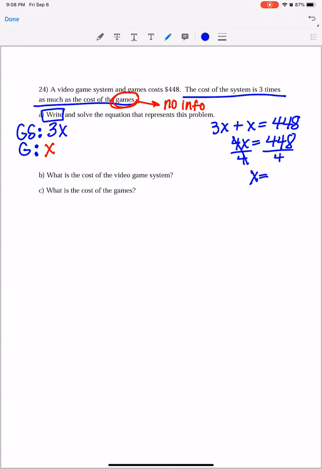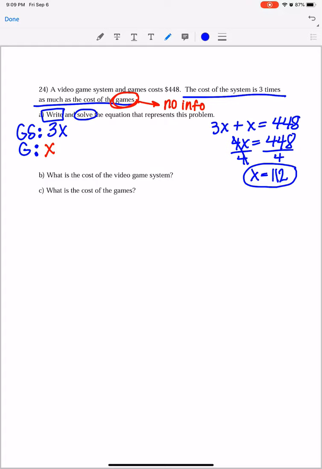And we get x equals, here 4 goes into 4 one time, 4 goes into 4 one time, 4 goes into 8 two times. So this is me solving the equation. So I'll put solve as the circle.